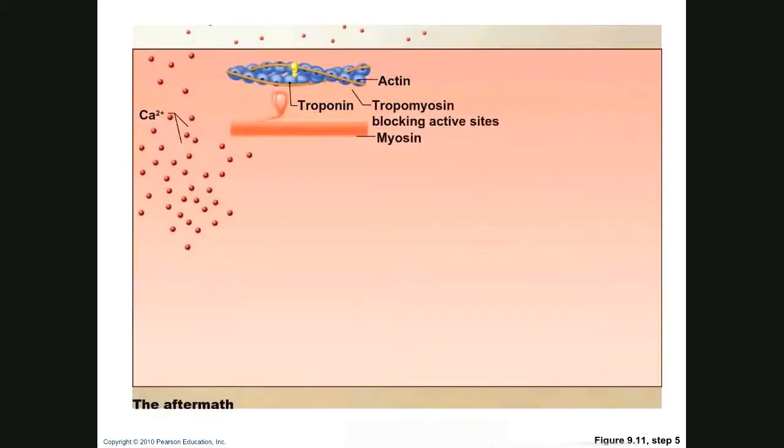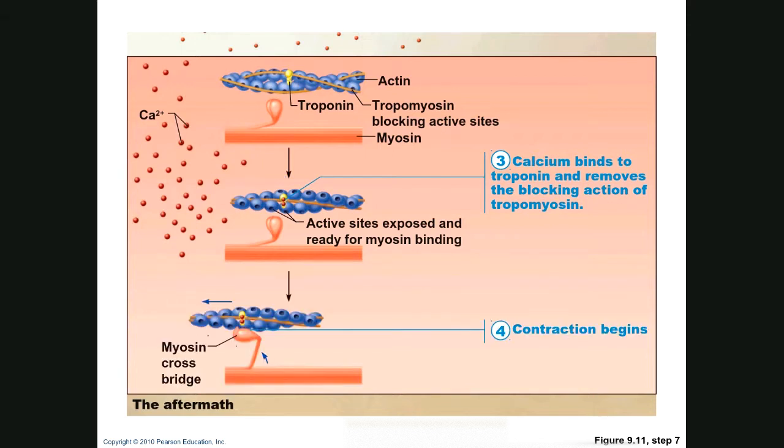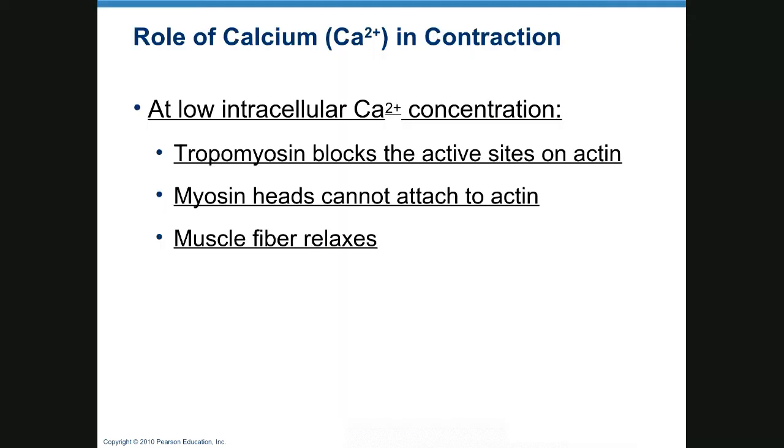Now, once you open up the calcium, it's going to bind to this tropomyosin blocking site. And then troponin and tropomyosin are going to be moved back, and you're ready for activation, and you can get muscle contraction at this point. As you see, this is starting to cross bridge. This also takes ATP. So with low intracellular calcium, tropomyosin blocks the active sites.